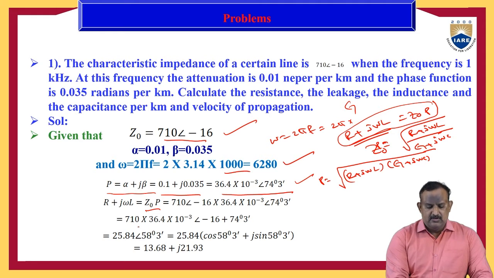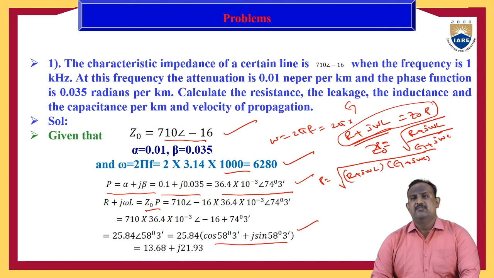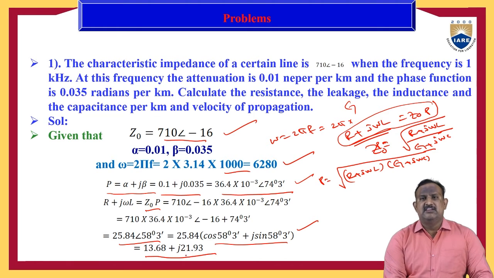If you simplify this and convert into real and imaginary parts, we get a magnitude of 25.84 into cos 58 degrees 3 minutes plus j sin 58 degrees 3 minutes. Therefore, it is 13.68 plus j 21.93, just like real and imaginary parts.